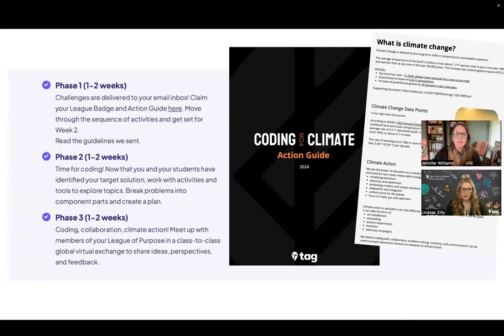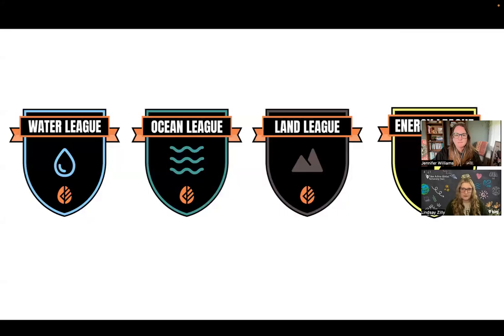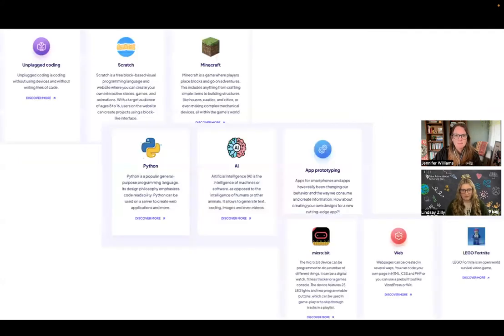So phase 3 incorporates coding, collaboration, and action leading up to our big Earth Day celebration. So let's break it down. Phase 1, classrooms are researching and selecting their league. We have topics that are focused on water, ocean, land, and energy.